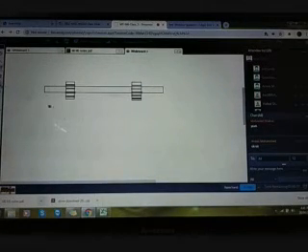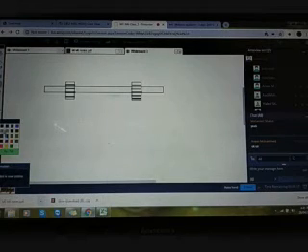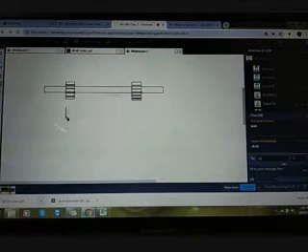Here we are using optic cables like this. One optic cable is here, and the other optic cable is moving from here to here.